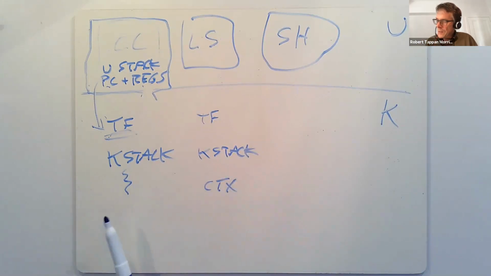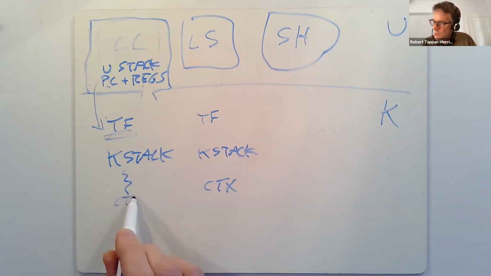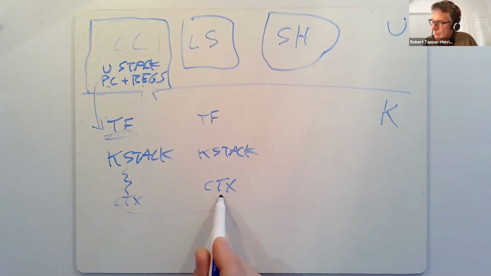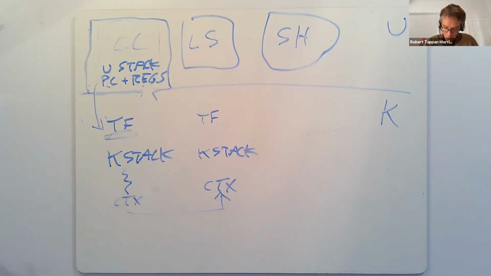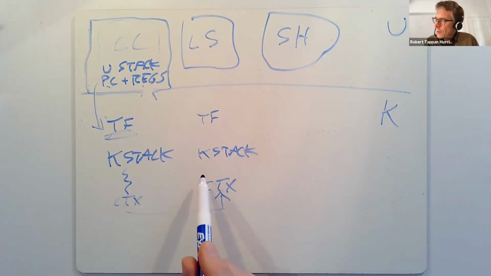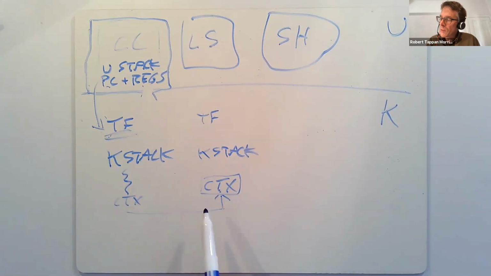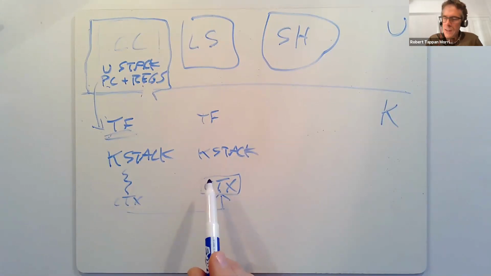So if x86 switches from the compiler's kernel thread to LS's kernel thread, x86 will save away the kernel registers in a context for the compiler's kernel thread, switch to the LS thread, through a complex scheme, which I'll describe a little bit later, and restore LS's kernel thread registers from the previously saved context from when LS last left off.